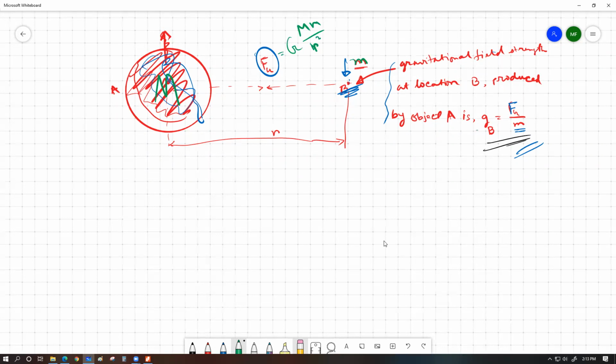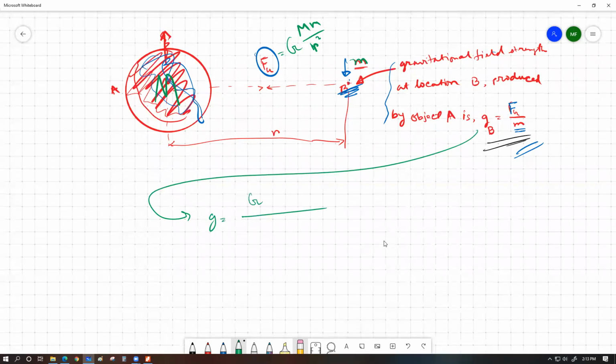So if I take this equation and replace the value of g, I can write g equals G M m divided by r squared, divided by m. So altogether, g equals GM by r squared.